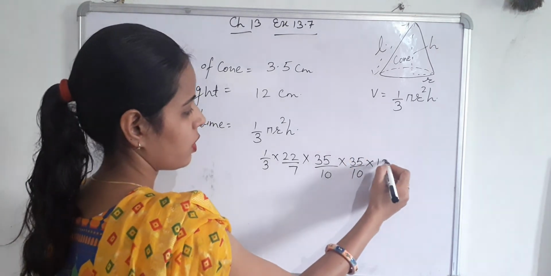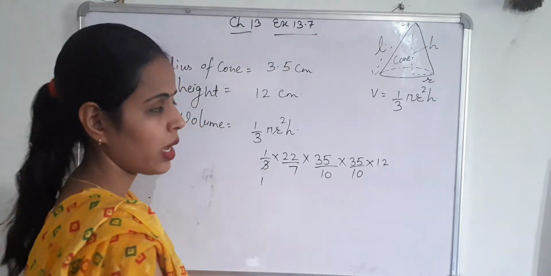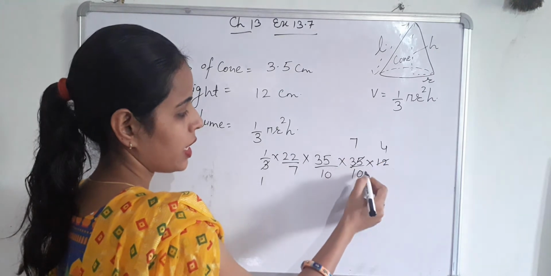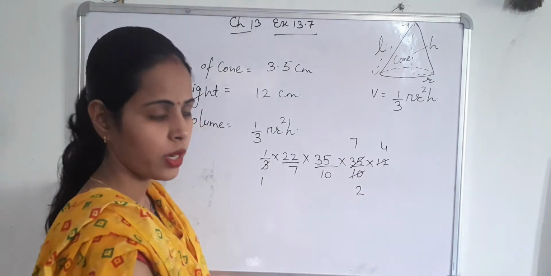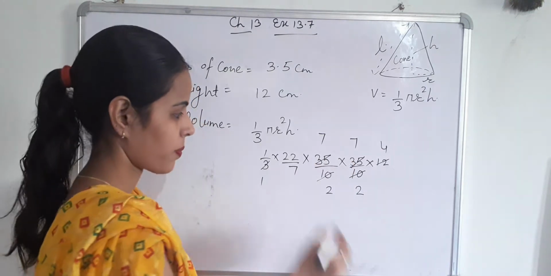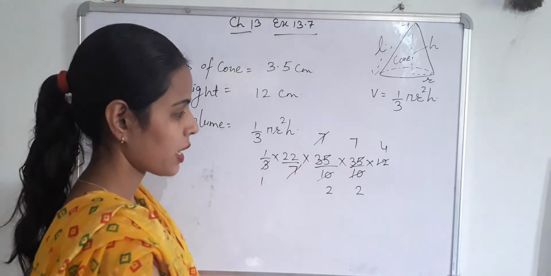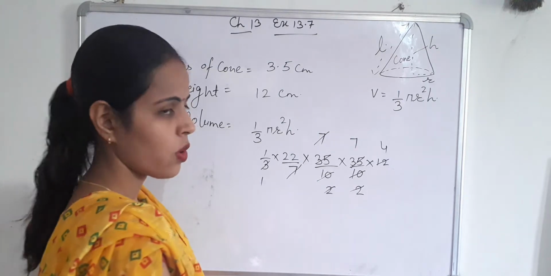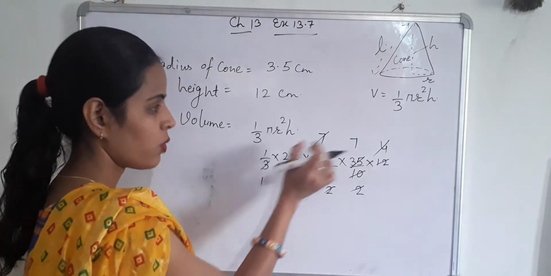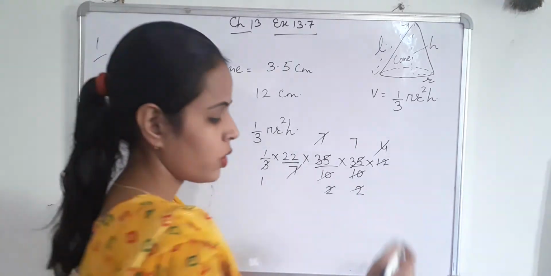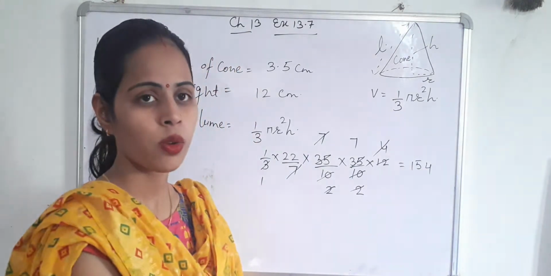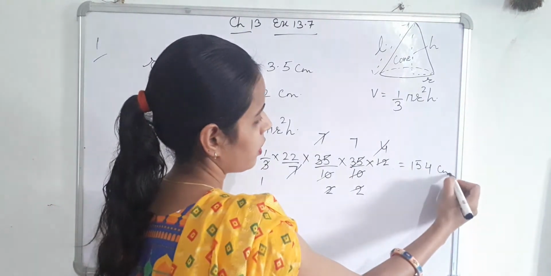H is 12. 3 1 3, 3 4 12. 5 7 35, 5 2 10. 7 is cancelled by 7. 2 into 2 4, 4 is cancelled by this 4. 22 into 7 is equal to 154 centimeter cube.